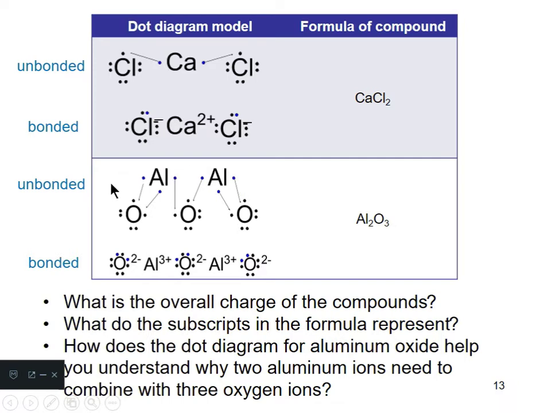In other words, the total number of valence electrons that the metals are giving up, which in this case is 2 atoms times 3 valence electrons, so 6 electrons, has to be the number of electrons gained by the oxygen atoms. This one gets 2, this one gets 2, this one gets 2, for a total of 6. So I have to have a neutral compound. These charges have to cancel out, which will happen when I have the right number of electrons moving.